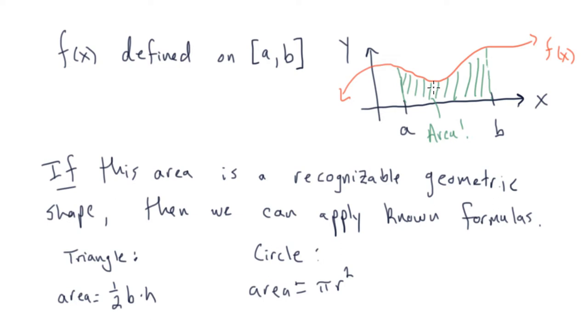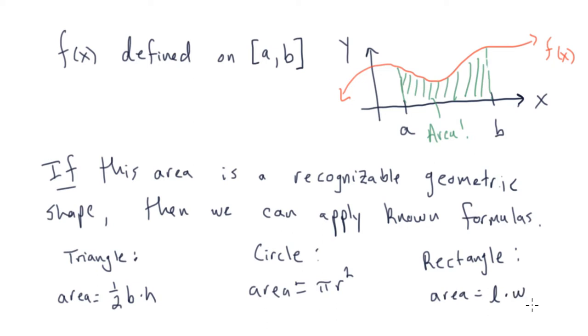And there's some other situations too. If it's a rectangle, or somehow it consists of rectangles, we can form it by pasting some rectangles together. Of course, the area of a rectangle is length times width, and so on.